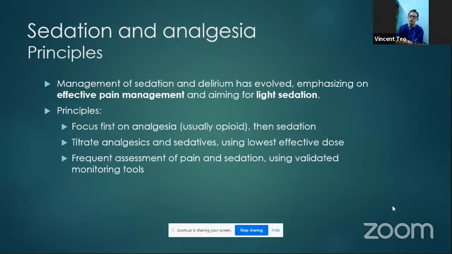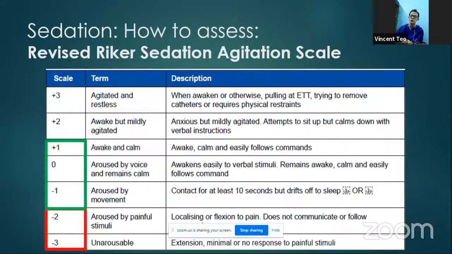And of course, what's important is to titrate the analgesia and sedation with the lowest effective dose. And what's most important is to have a frequent assessment of the pain and sedation using a validated monitoring tool.